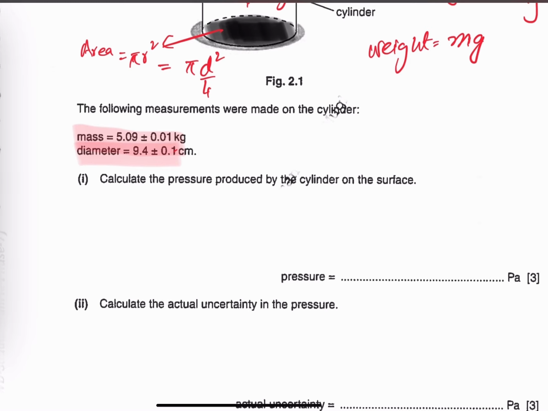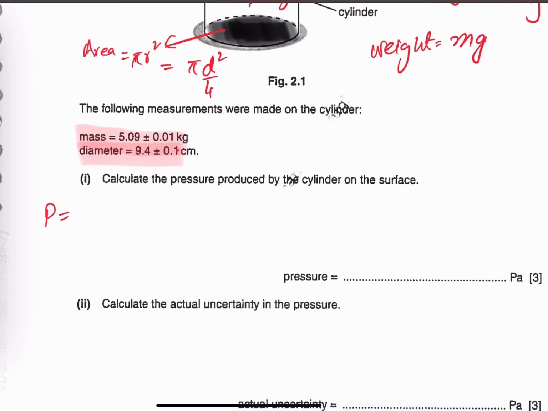So finding the pressure, P is equal to F over A. F is mg, that is the weight, and A is pi d square divided by 4.